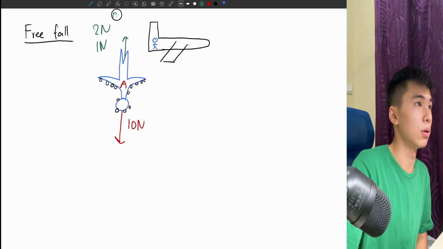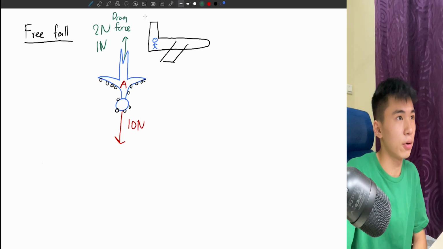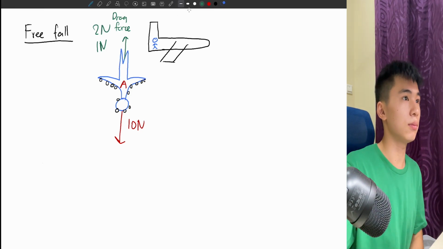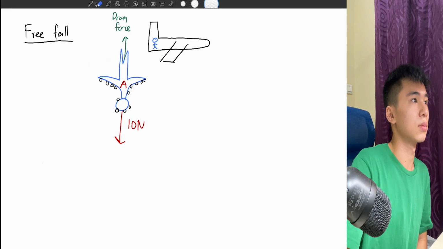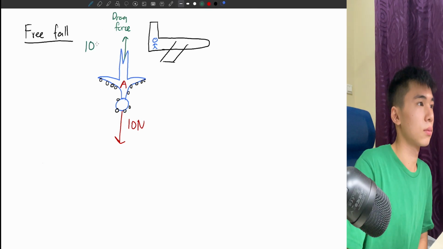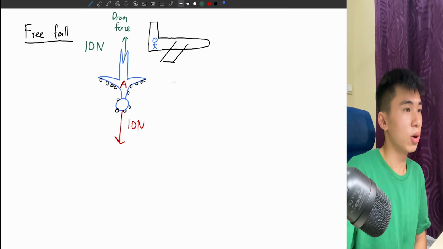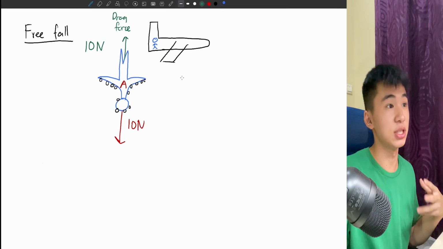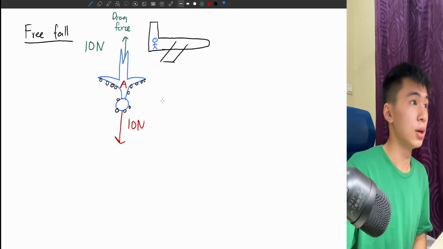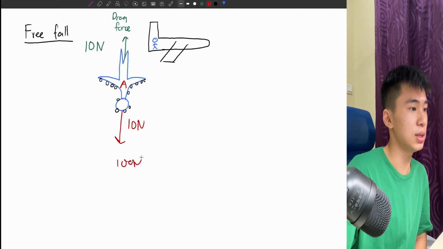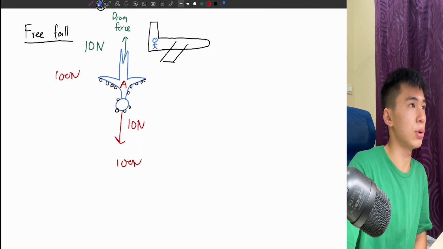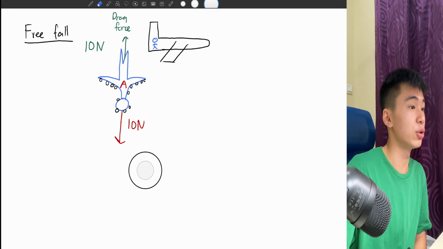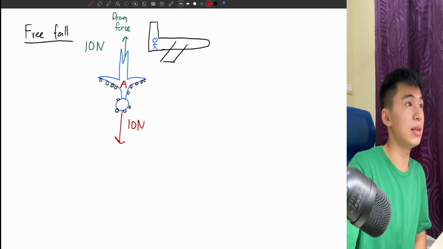This is our drag force. As this keeps going, the drag force will become 10 newtons as well, because every action has an equal and opposite reaction, right? So if the weight of this person is 100 newtons, the drag force will be 100 newtons as well, but it takes a longer time to reach 100 newtons in this case.